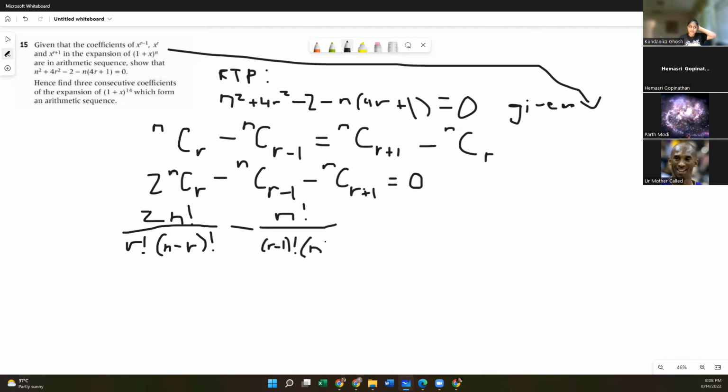The negative sign will distribute, so you have n minus r plus 1 factorial, and then minus n factorial over r plus 1 factorial, and then again n minus (r plus 1) will be in parentheses. The negative sign will distribute, so you get n minus r minus 1 factorial, equals 0. Do you get what we're doing so far?